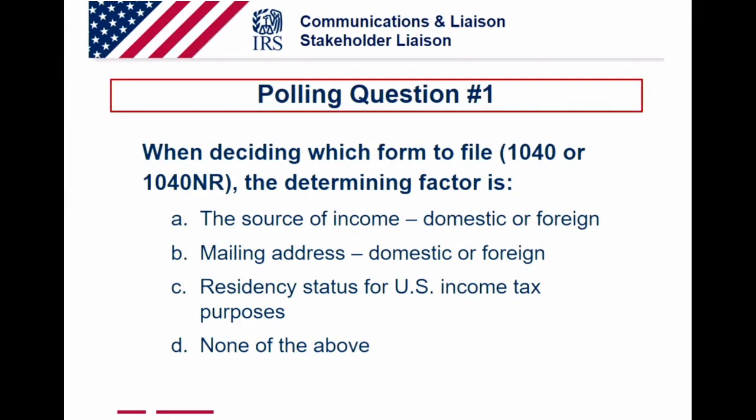Anika? Sure thing, Kathy. It's a great time for the first polling question. So, audience, I want you all to take a moment and click the radio button that best answers the question.